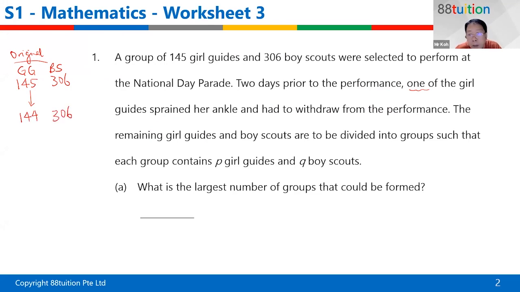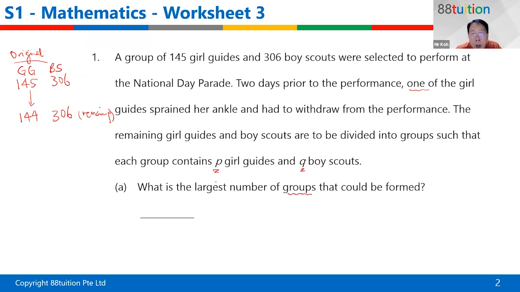Do you get that? Then after that, this is the remaining. So if this is the remaining, it is to be divided into groups such that each group contains P number of guides and Q number of scouts. They ask you, what is the largest number of groups that could be formed?